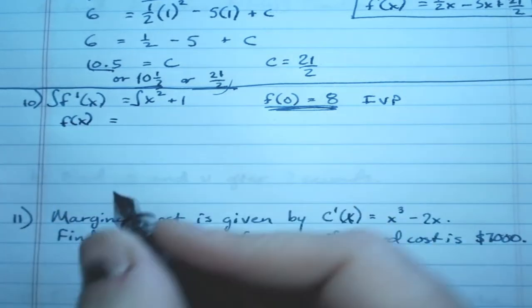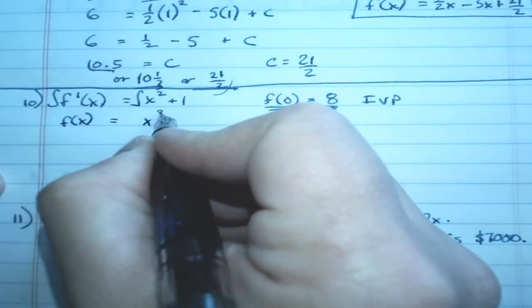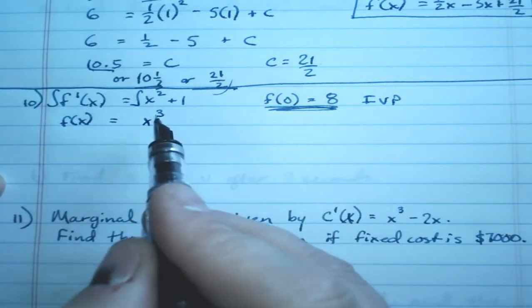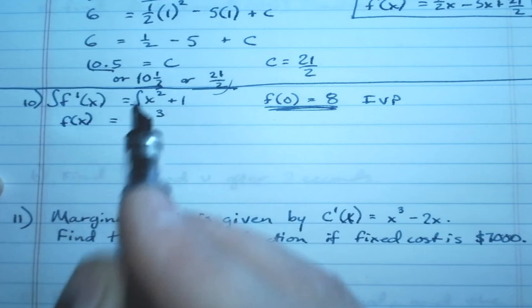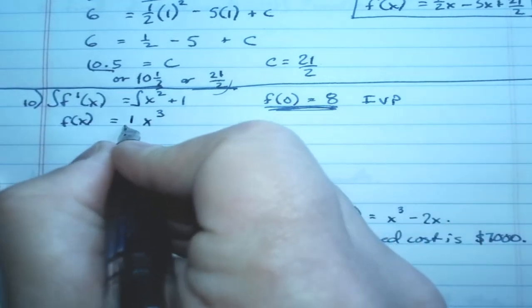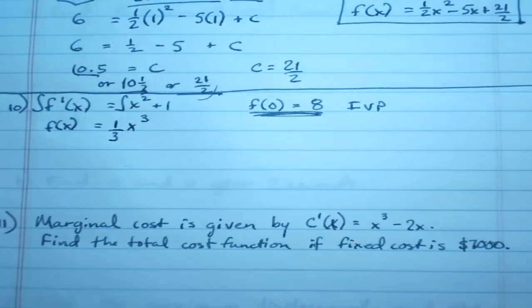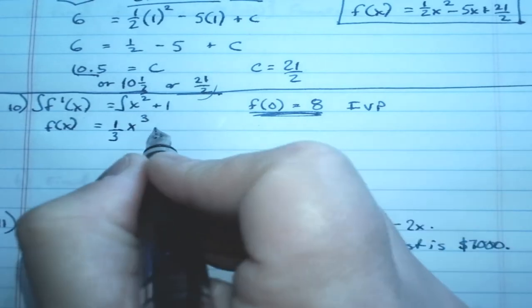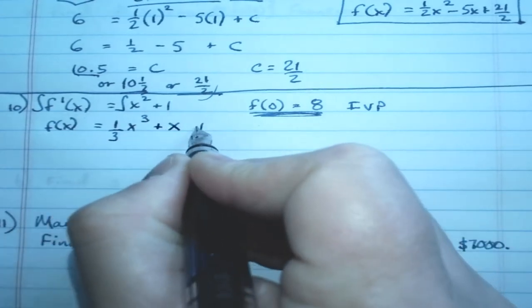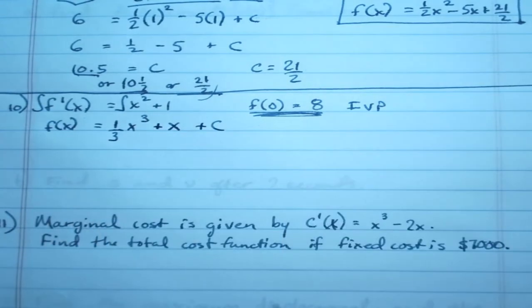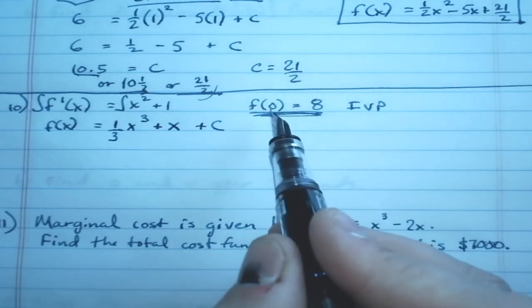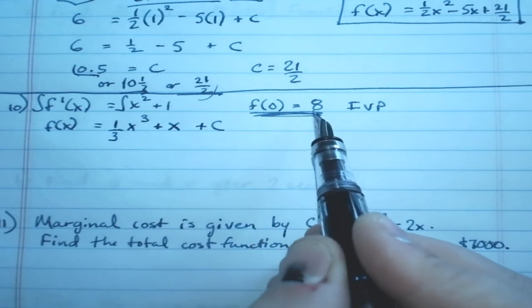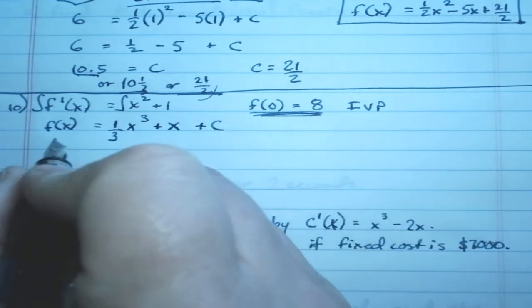The antiderivative of x squared is going to be x cubed. And then I say, okay, well, if I take that derivative, that's going to be 3x squared. Well, I don't have 3x squared, so I've got to get rid of that. So I get that multiplier, 1/3. And the antiderivative of 1 is going to be x, and then plus c. Now plug in your initial condition. Your initial condition says when x is 0, y is 8.